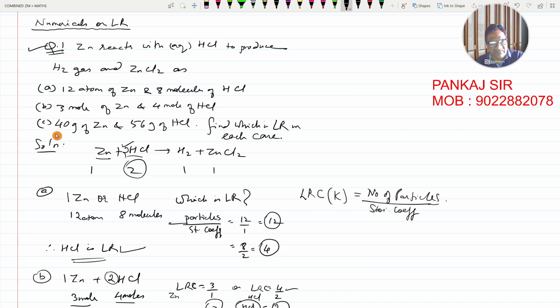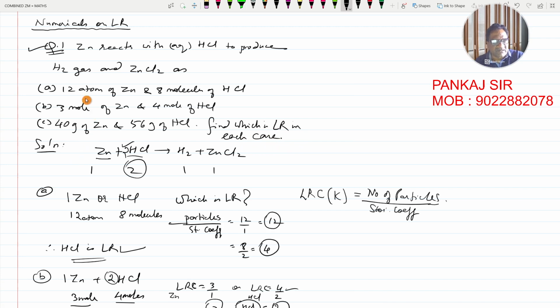In scenario C, 40 gram of zinc and 56 gram of hydrochloric acid are combined to form hydrogen gas and zinc chloride. Now the question here is, for each of these three scenarios A, B, C, you have to find which is the limiting reactant in each case. So let us get started.